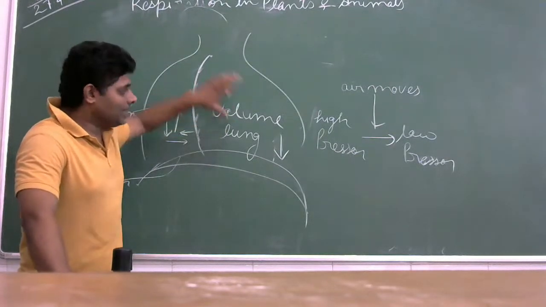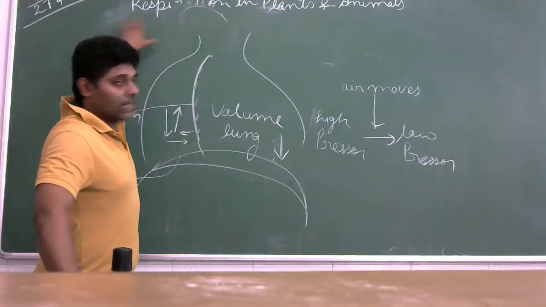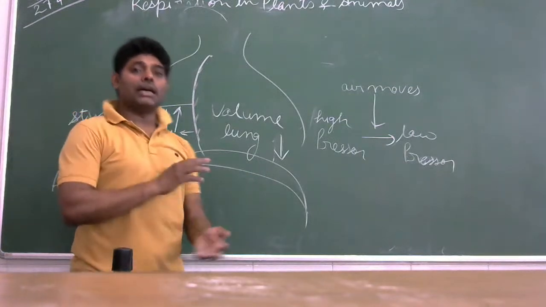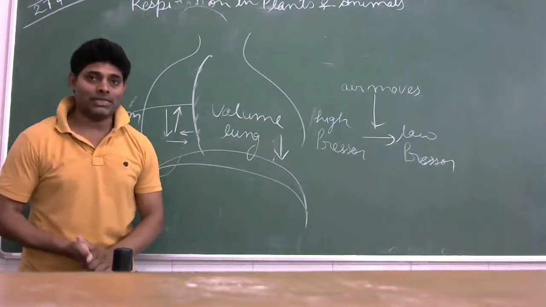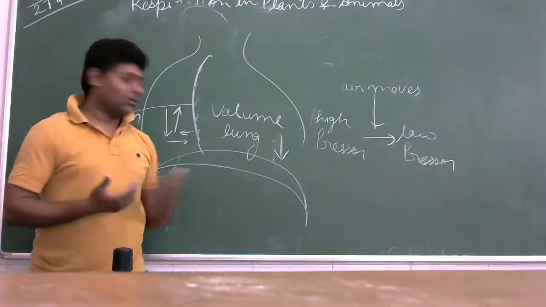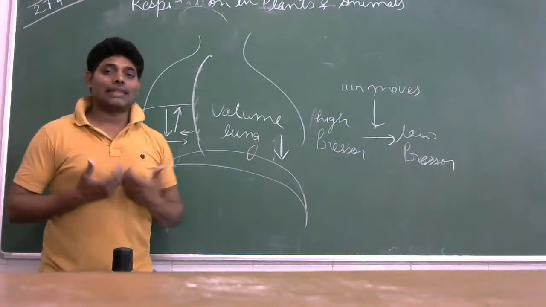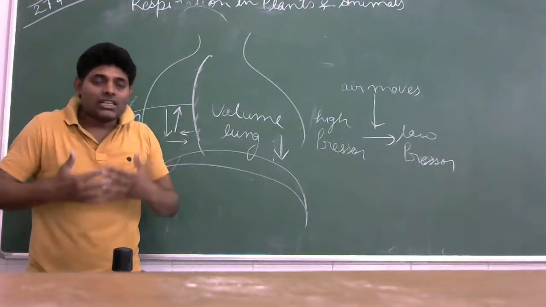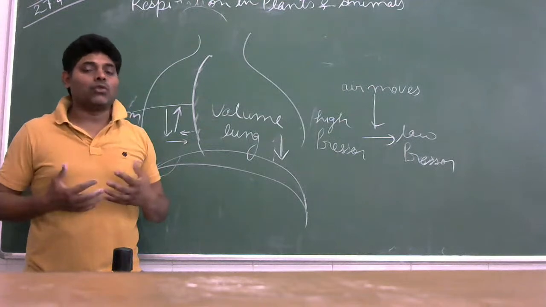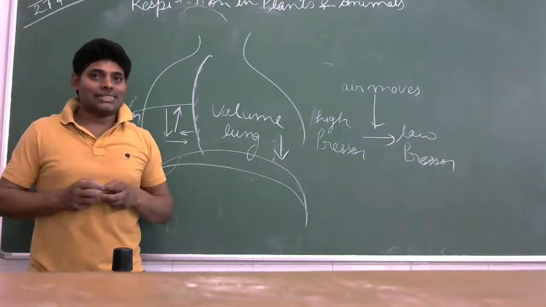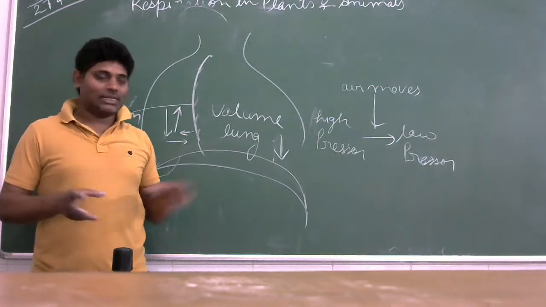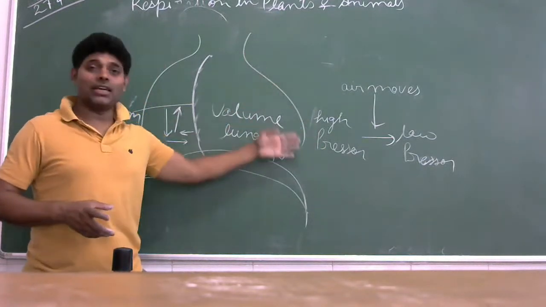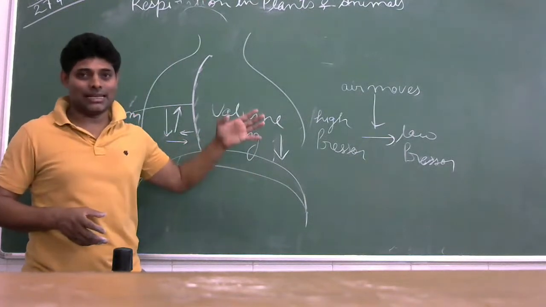So this air will move outside, or be exhaled outside the body. So this is the movement of air, or breathing, in human beings. The abdominal muscles and intercostal muscles help to increase or decrease the volume of the thoracic cavity, and likewise increasing and decreasing the air pressure, and likewise inhaling and exhaling.